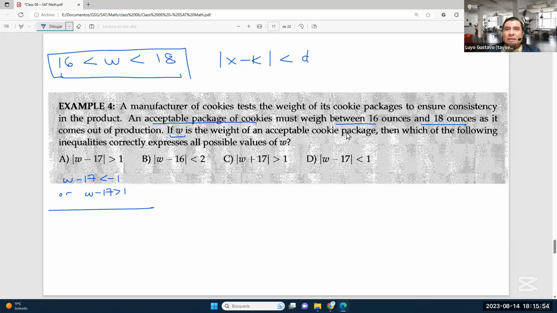They're telling you that W minus 17 is actually, here's negative 1, here is 1, two possible regions for W minus 17. So this will never be a dual interval like this, or just a single interval, which is bound on the two ends.